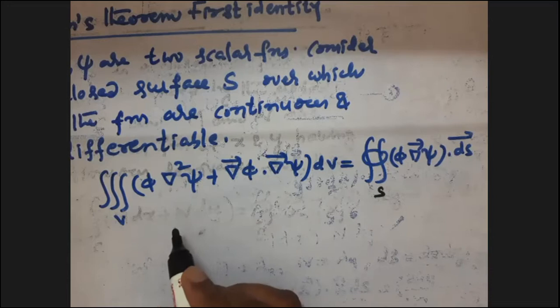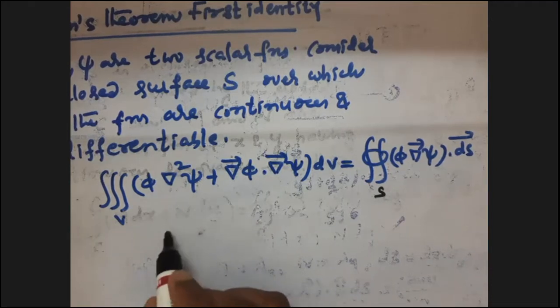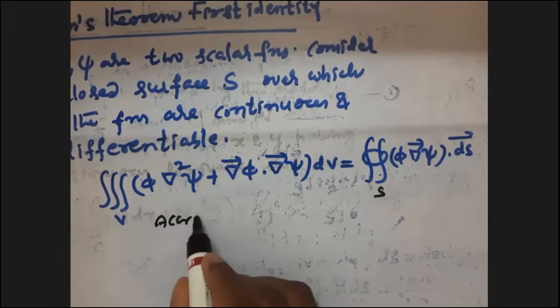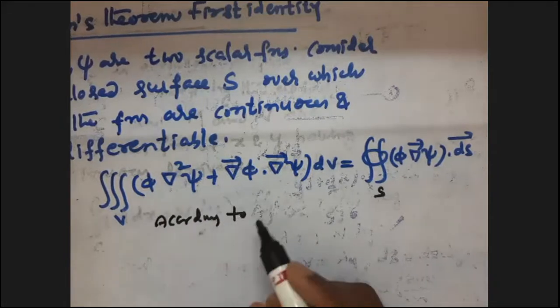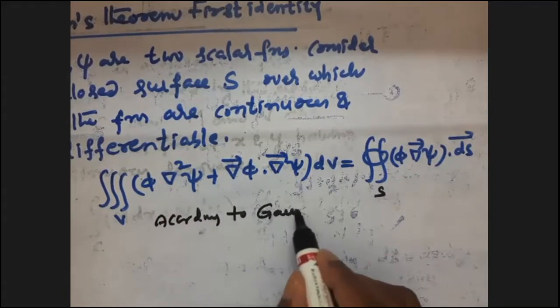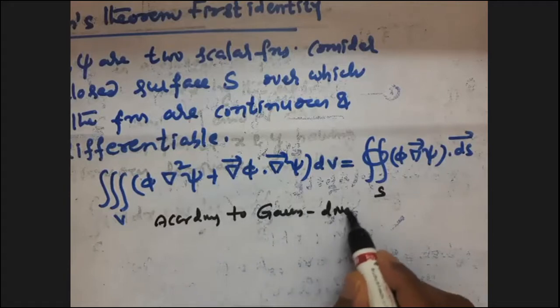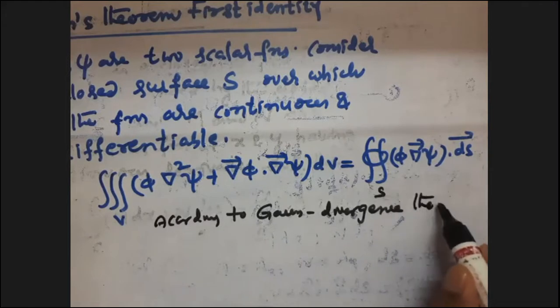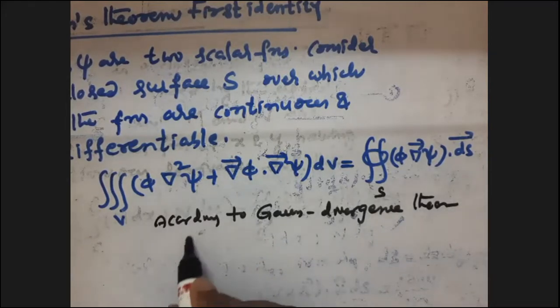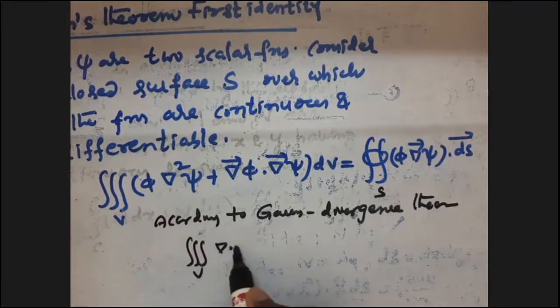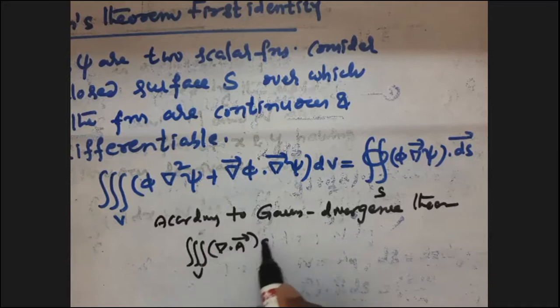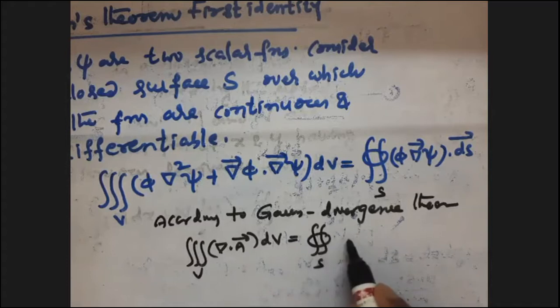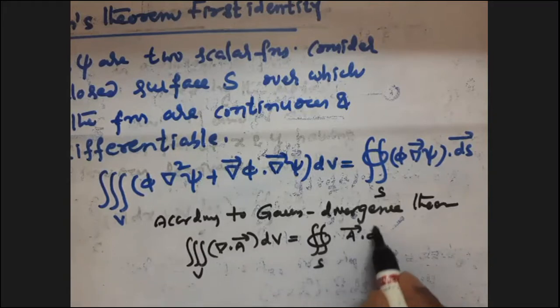Okay. So what is the Gauss divergence theorem? Starting with the Gauss divergence theorem, according to the Gauss divergence theorem, the volume integral of the divergence of A bar, del bar dot A bar dV, is equal to the surface integral of A bar dot dS bar.